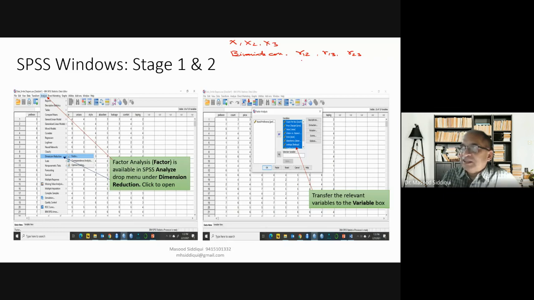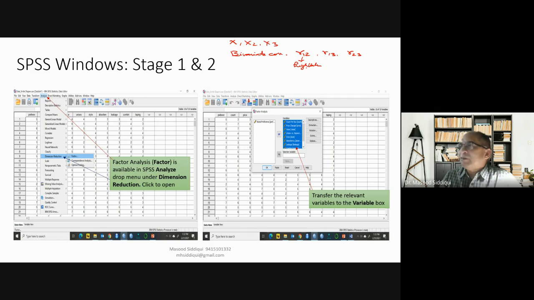Suppose these variables x1, x2, x3 are highly correlated. So when we calculate the bivariate correlation coefficient between x1 and x2, it will show a high value, because the third variable, x3, which is not shown here, is included in the bivariate correlation also. So because of the third variable, they will show high correlation.